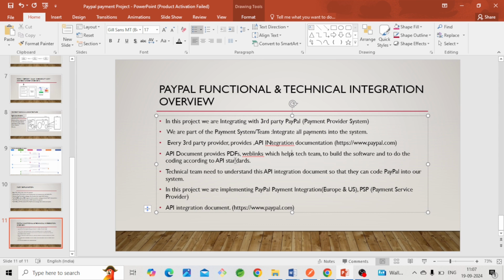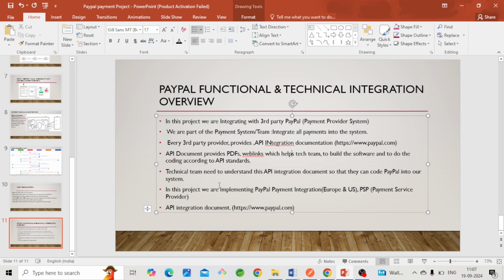So what will the API documentation provide? It will provide some PDFs and web links, which help the technical team build the software and do the coding according to the API standard. Based on the API standards provided by the documentation, we are designing our system.